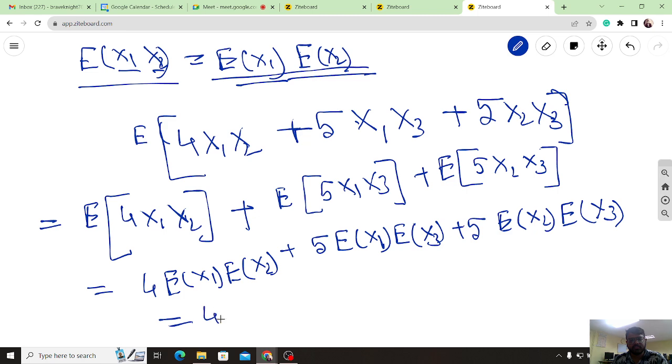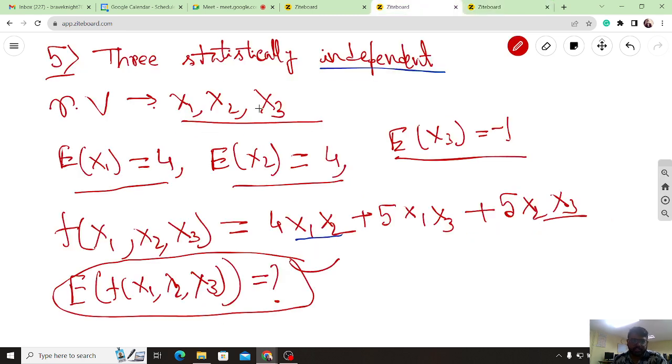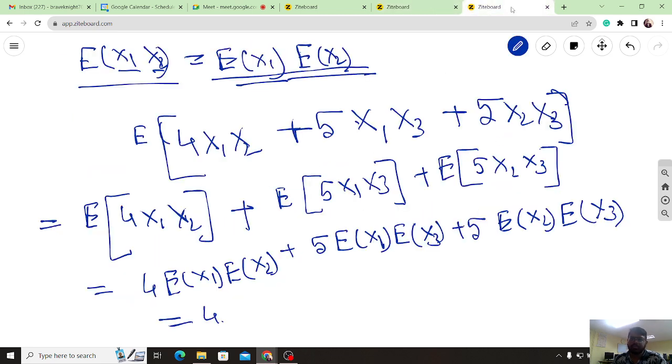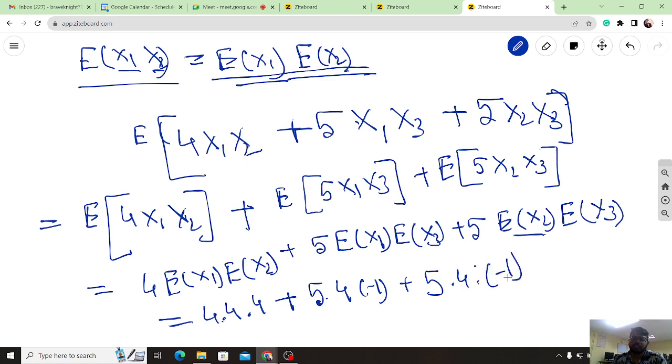This is equal to 4 into, just check, the expected values of x1 and x2 are both 4, only x3 is -1. So at first it is 4 into 4 into 4, plus 5 into 4 into -1, plus similarly 5 into 4 into -1.